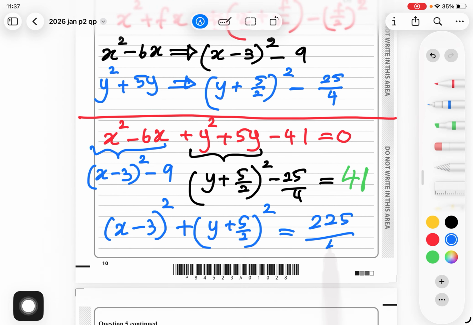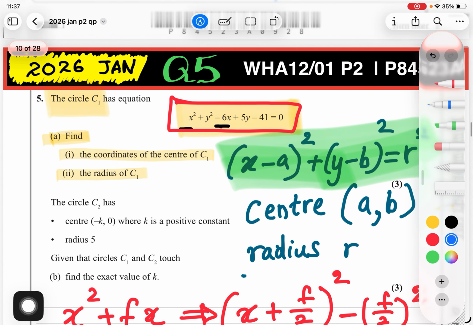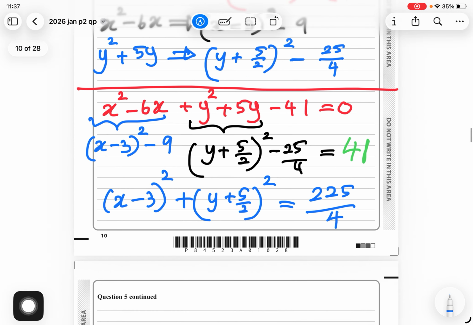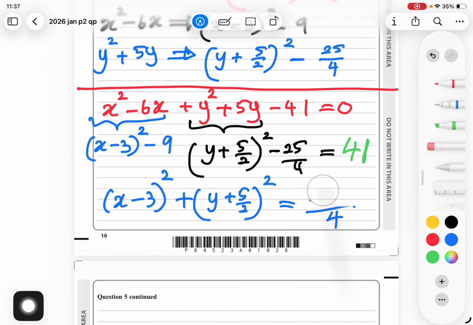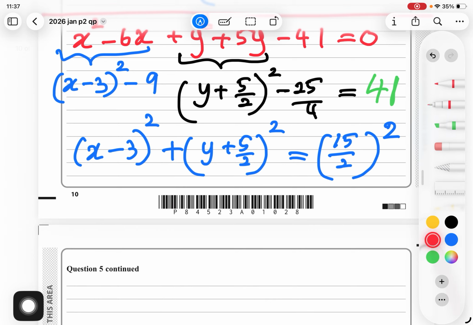225/4. According to this equation, we want the right side also to be squared. So let's root this. When we take the root, it will be (15/2)². Now this aligns perfectly with the equation we have, with a slight modification, because it's (x − a)² + (y − b)² = r².